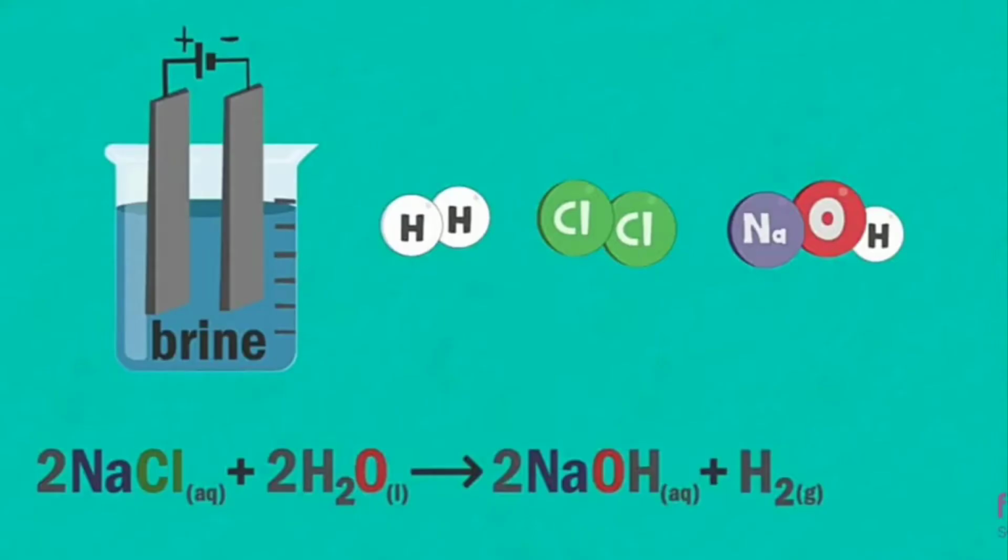We can write a summary equation as NaCl solution plus H2O, on electrolyzing, forms NaOH plus Cl2 plus H2. Now all of these things, that is sodium hydroxide, chlorine gas and hydrogen gas, have a variety of uses, and now we will study their uses in detail.